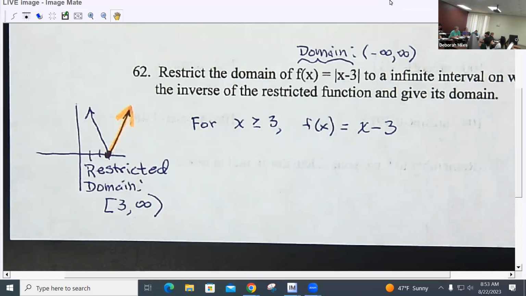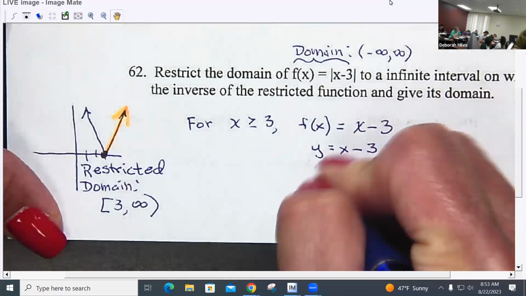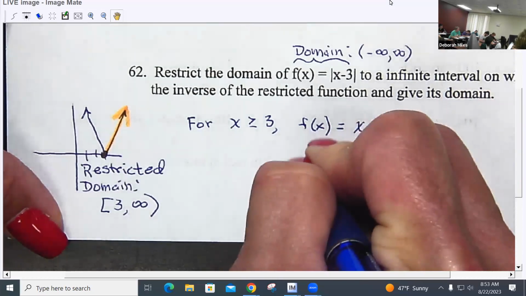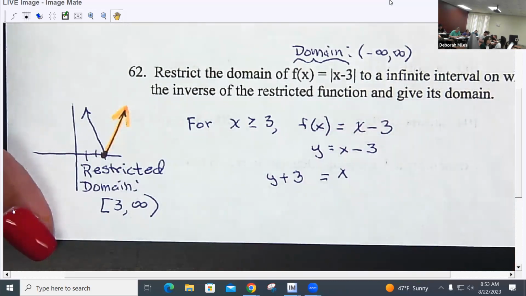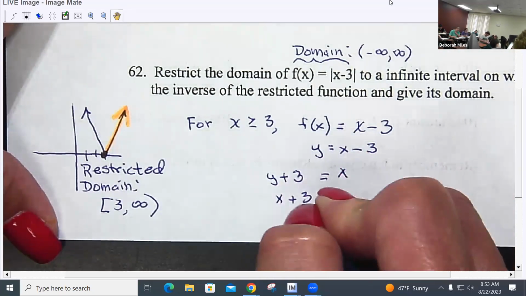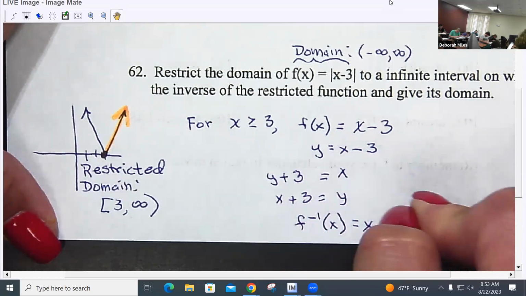Y equals x minus 3. Just add 3 to both sides and then interchange your variables. And you have the inverse function is x plus 3.